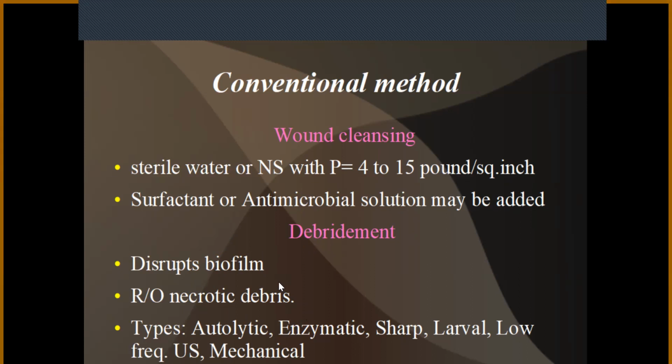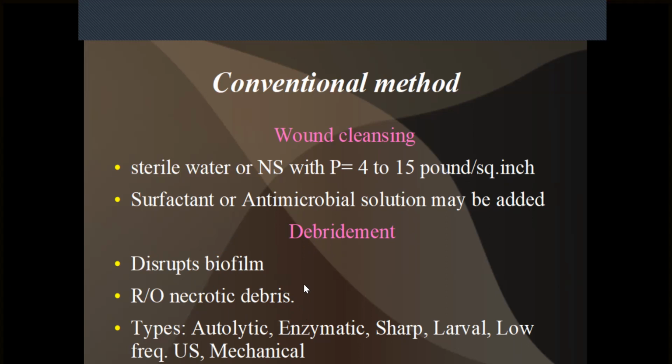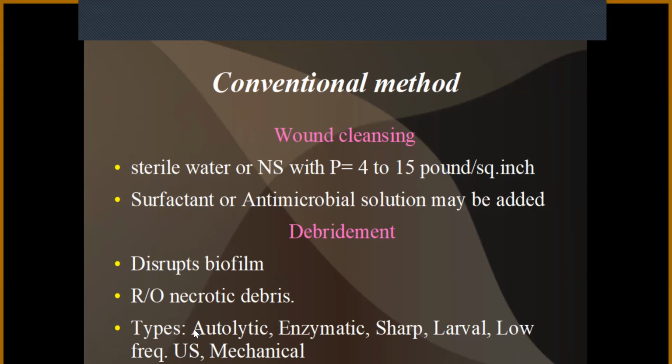Because antibiotic which is going through the blood cannot reach this necrotic debris. And this debridement is further classified according to the type or the modality used, like the autolytic, enzymatic, sharp debridement, larval, low frequency ultrasound, or mechanical.